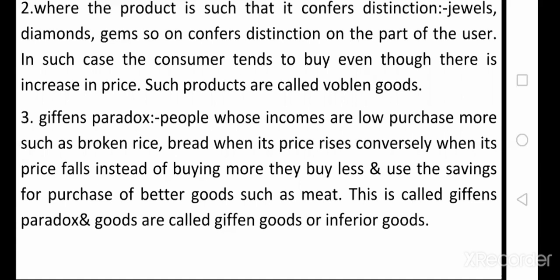The consumer tends to buy even though there is an increase in price. Such products are called Veblen goods: diamonds, jewelries, gems. These are also called prestigious goods because they give prestige to people by purchasing more and more as the price increases.